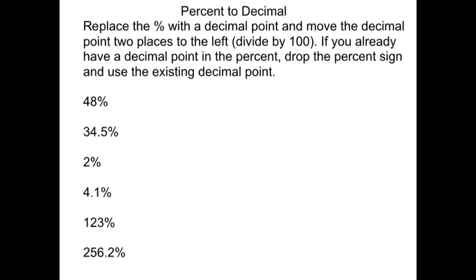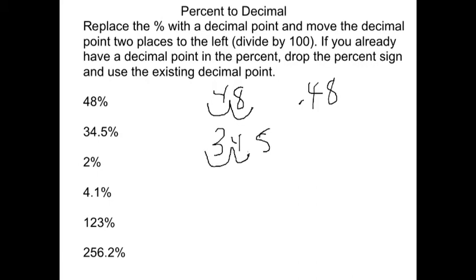So if I were to go through these examples, if I have 48%, it tells me to drop the percent sign and put a decimal point and then move it 2 places to the left. 0.48. 34.5%. I'm going to drop the percent sign, use the existing decimal point and move it 2 places. 0.345. 2%.